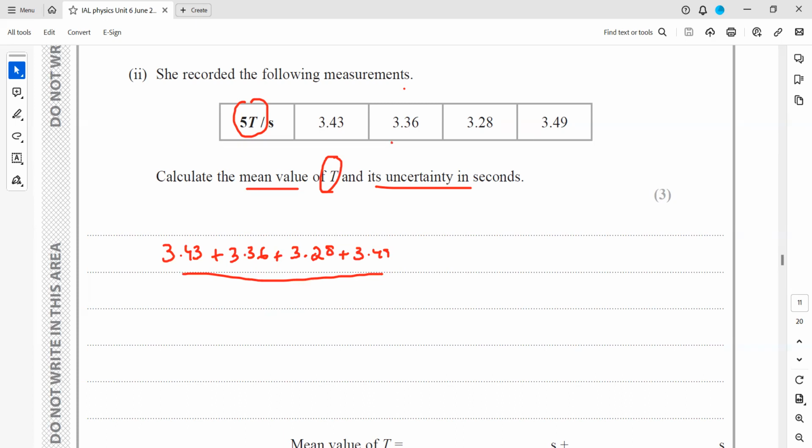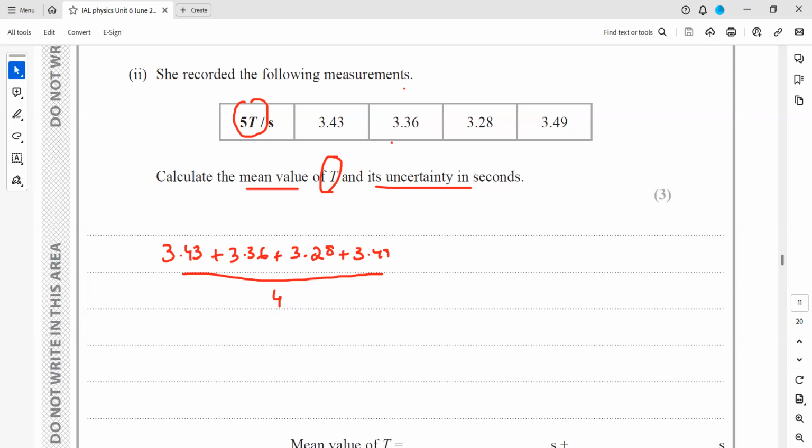Remember this, okay? So to take an average, we divide by 4. So we have 3.43, 3.36, 3.28, and 3.49, and then divided by 4, that is 3.39.